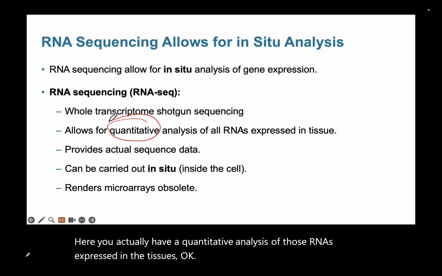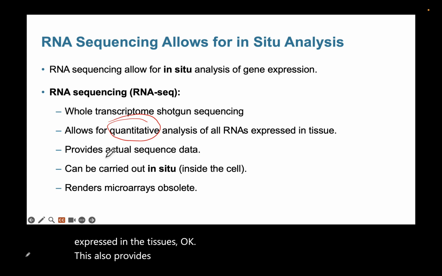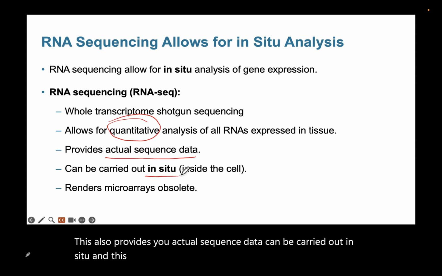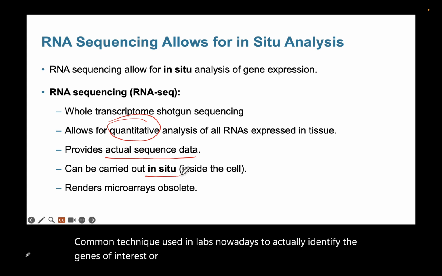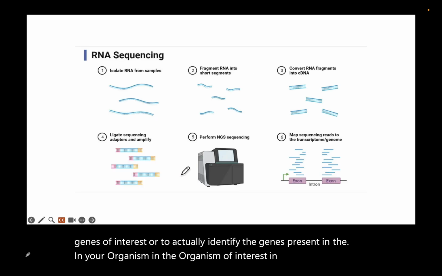This also provides you actual sequence data, can be carried out in situ, and this is a very common technique used in labs nowadays to identify the genes present in the organism that you are studying.